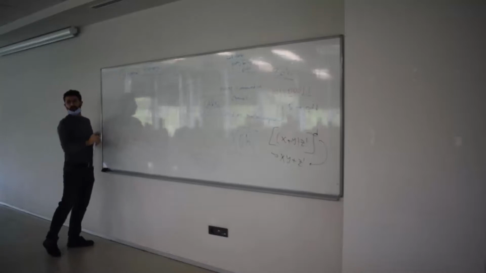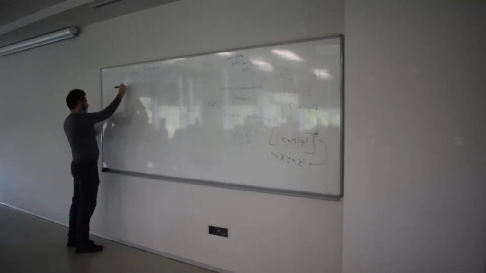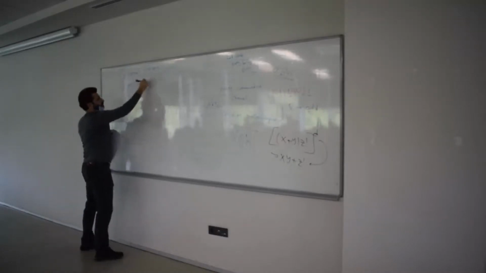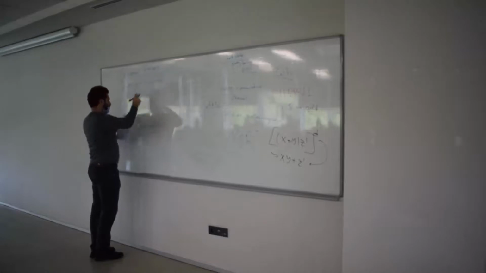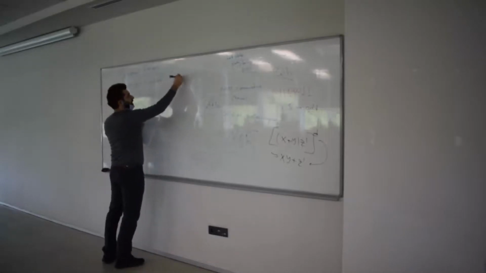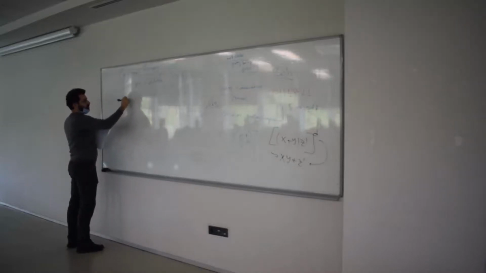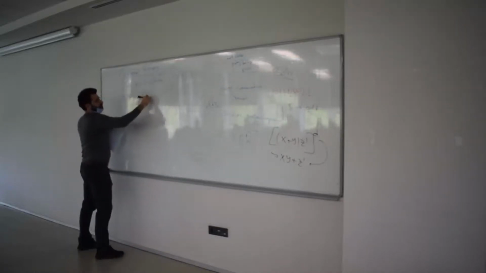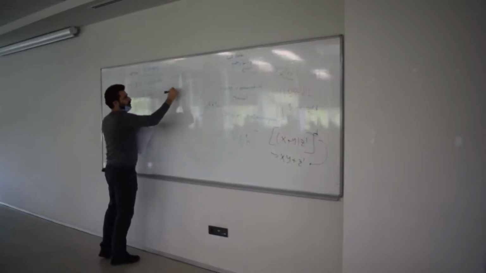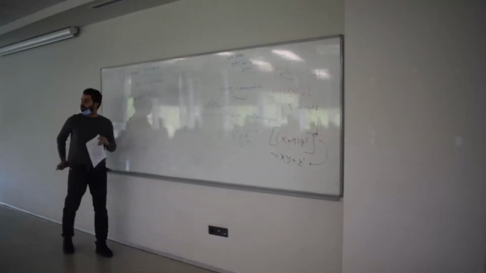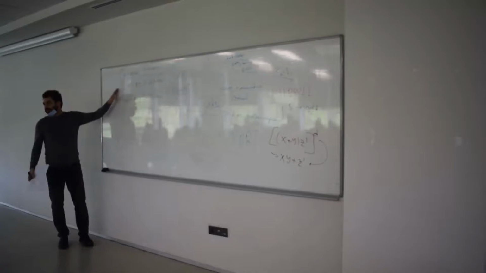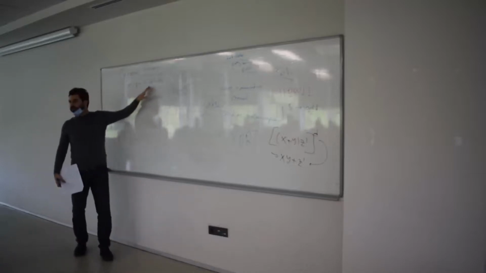There are two types of canonical forms. One of them is called sum of products. That's called SOP. And the other one is called product of sums. That's called POS.